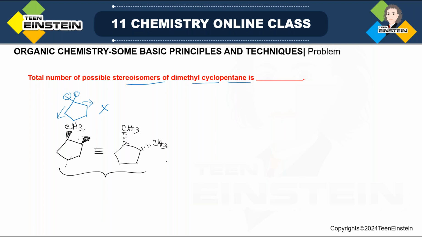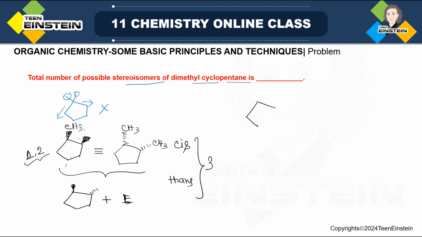So this will not be optical. But if you consider the corresponding trans, one will be above, another will be below. Now what will happen? You will not find any sigma plane, and in this case it will be chiral and it will have an enantiomeric pair. So when it is 1-2 substitution, you are getting cis and trans, but cis is not optically active, trans is optically active. So the total number will be 3.